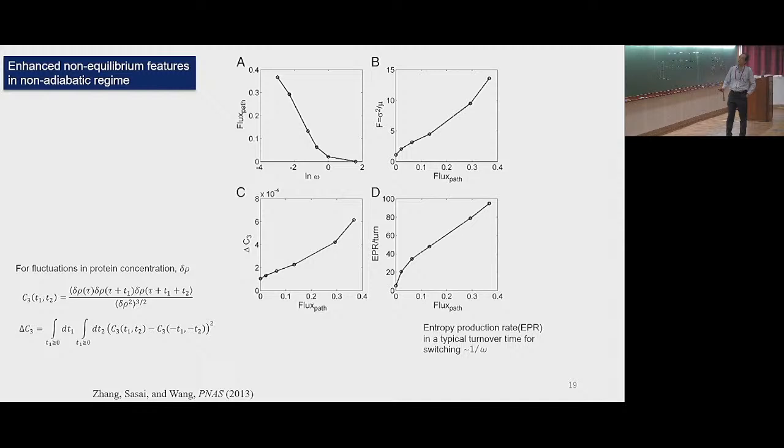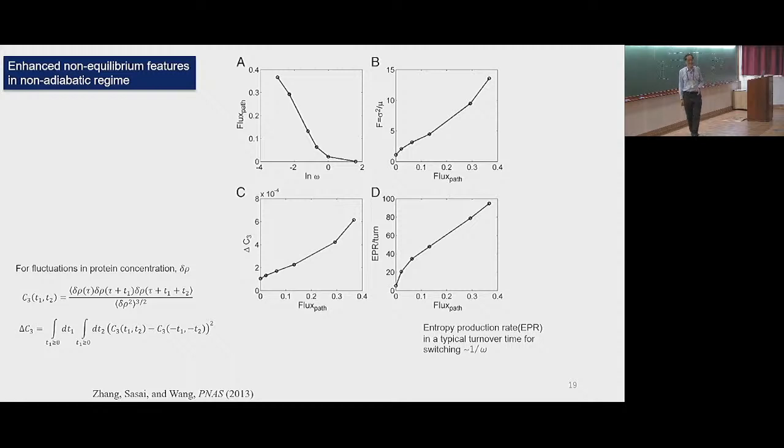This plot shows that by reducing the adiabaticity parameter, this is log omega, the flux, the circular current, increases. And as the circular current increases, the entropy production rate increases. Here the entropy production is rather abstract.